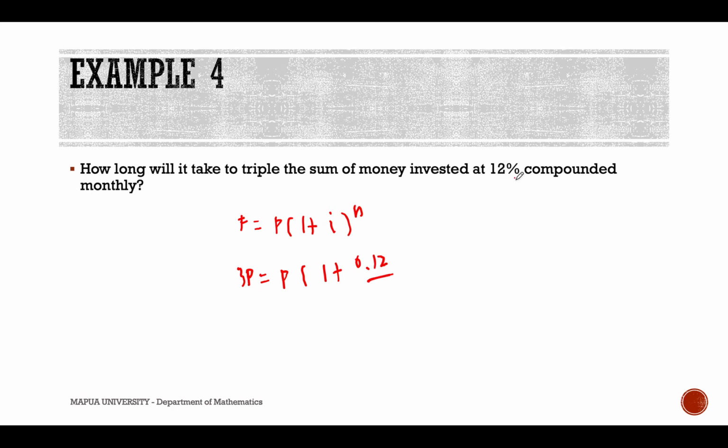This is j, compounded monthly, so m is 12. And then raised to n. Okay, so P will cancel out. We take the log of both sides. So this will give you n times log of (1 + 0.12/12).